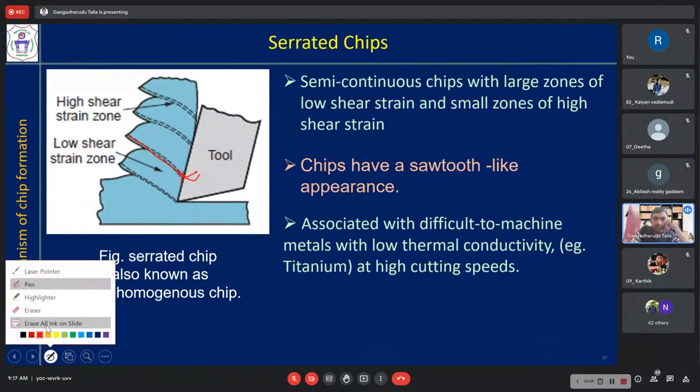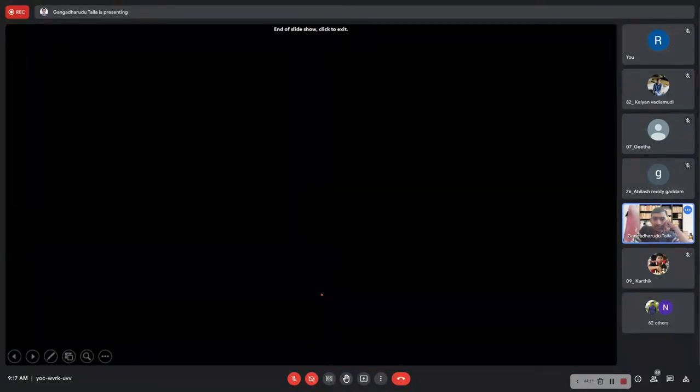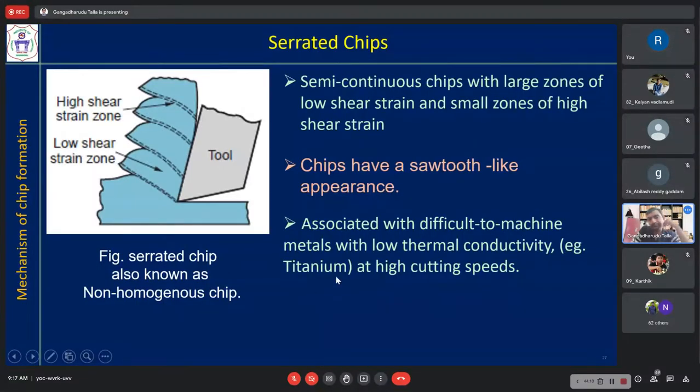Because of that, this serrated kind of chip will form, and it will form for the difficult to cut materials like titanium alloy, nickel based alloys, and their thermal conductivity is low. That is one of the biggest reasons.